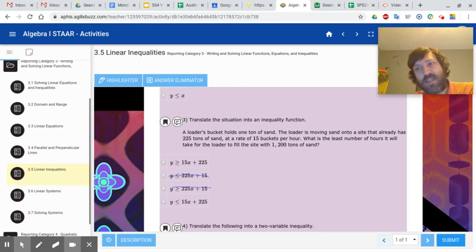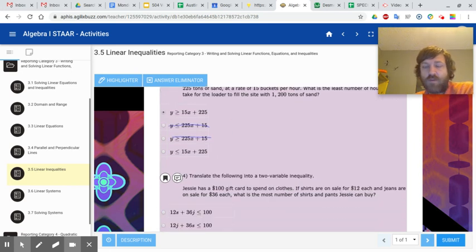If it says the least, that means we want to go to the lowest point and not below that point. So we want to stay above the line. It's a little bit confusing the way it's worded because it says least, but what it really means is greater than. We want the least number being the lowest point and everything above that point. So that's why we choose the greater than.